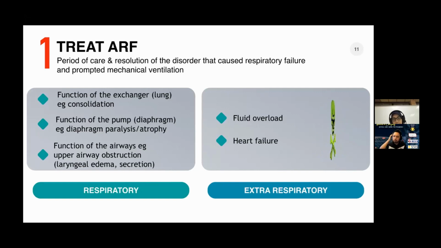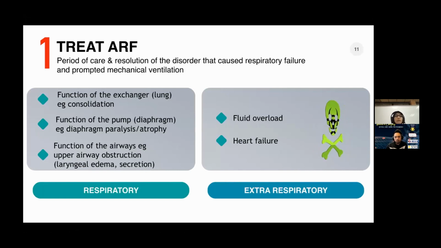So you need to look at whether this patient has a respiratory problem or an extra-respiratory problem. A respiratory problem, for example, is a dysfunction of the gas exchanger, your lungs. For example, if the patient has consolidation of the lung, the weaning needs to be delayed, because consolidation will not be resolved within 1 day or 24 or 48 hours, right?